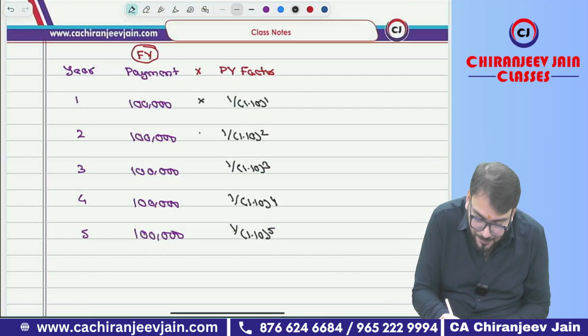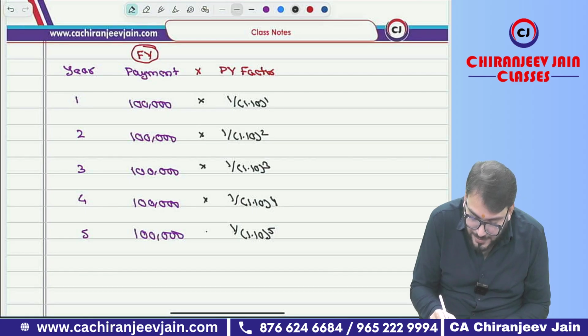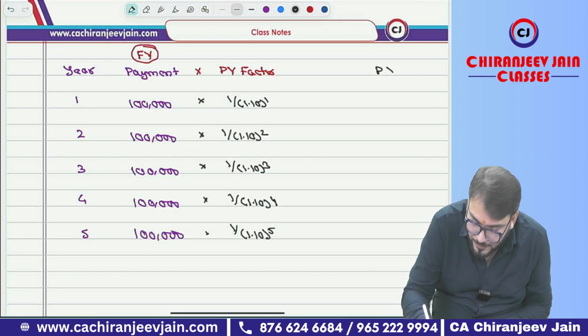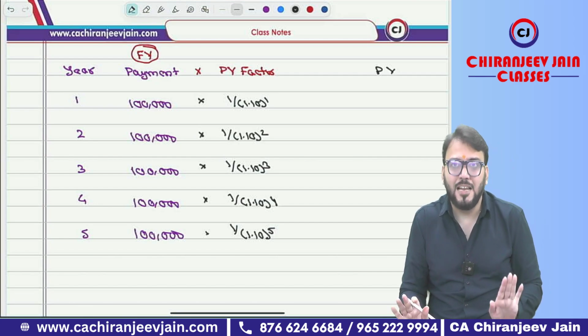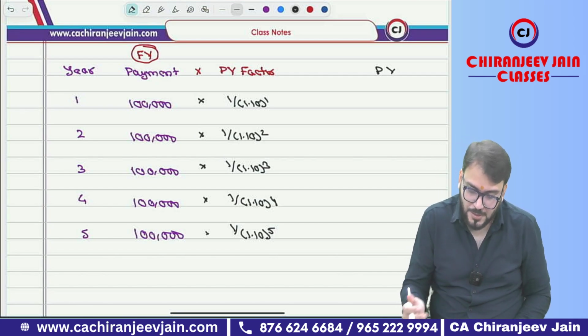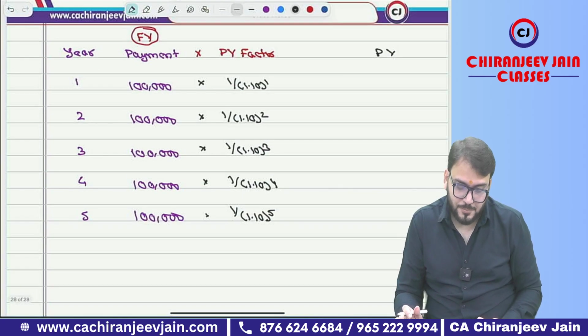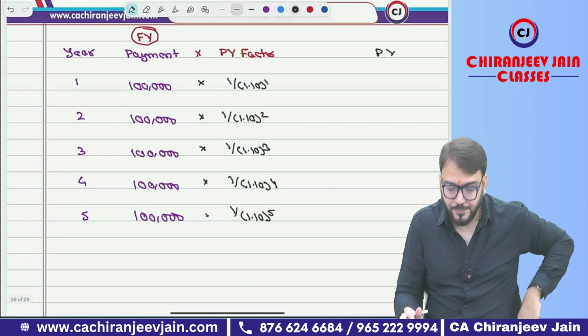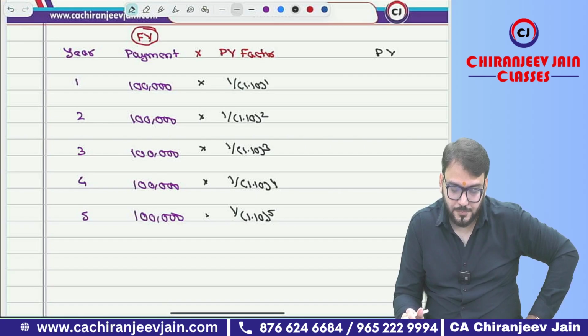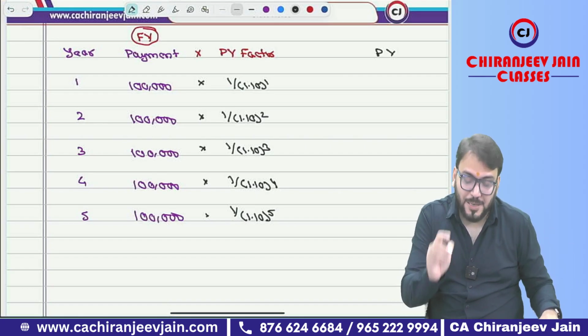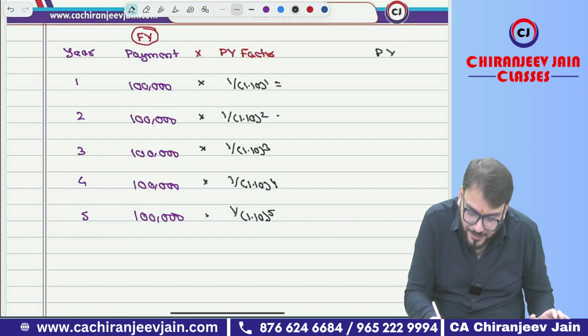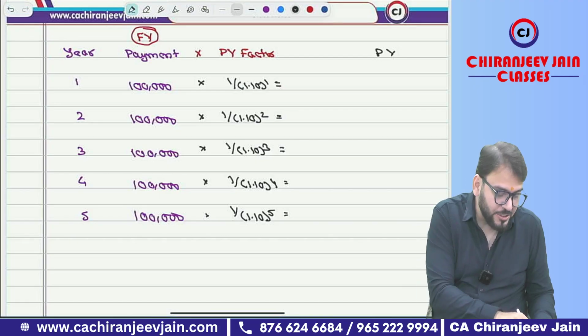If you multiply by this, can you say you will get present value? Of course, you can calculate. First, you calculate by your own. First, can you give me present value factor? How much it is coming?